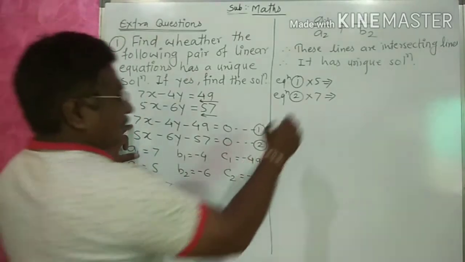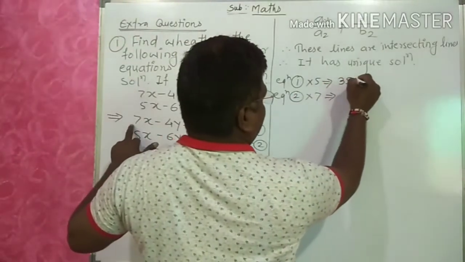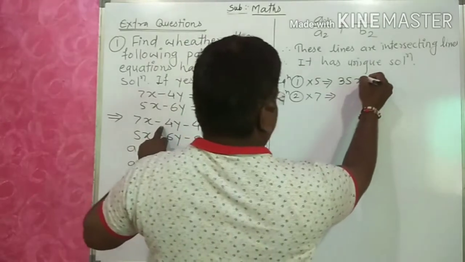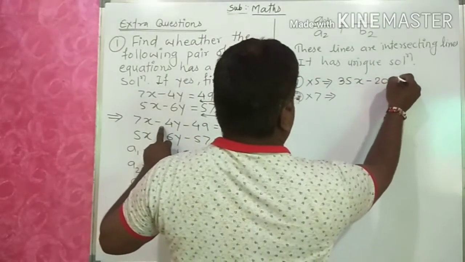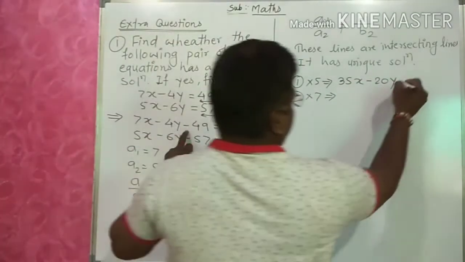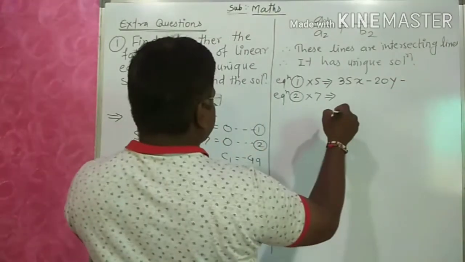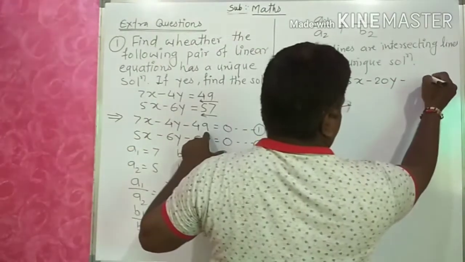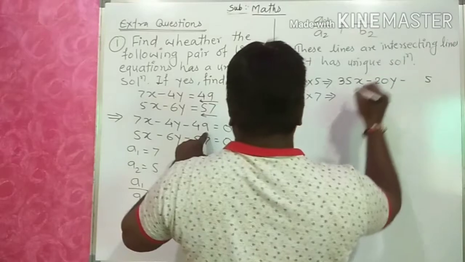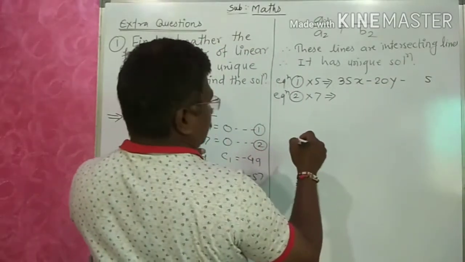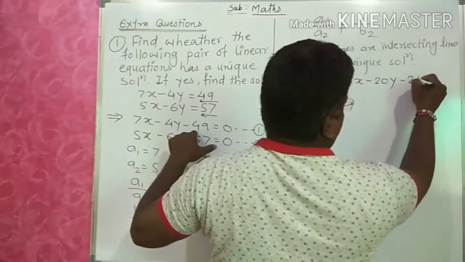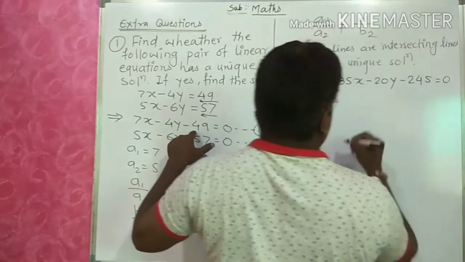So what will we get? 35x minus 20y minus 245 equals to 0.